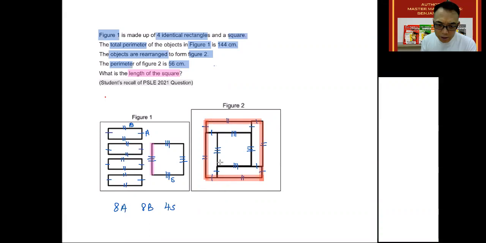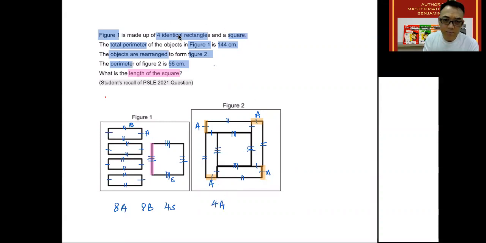Now, the next question then is, what is the 56 made up of? The 56 is made up of 1, 2, 3, 4 A's. Now remember, these are all the A's that we have called on this side. So I really have A, A, A, A, giving me 4 A's.